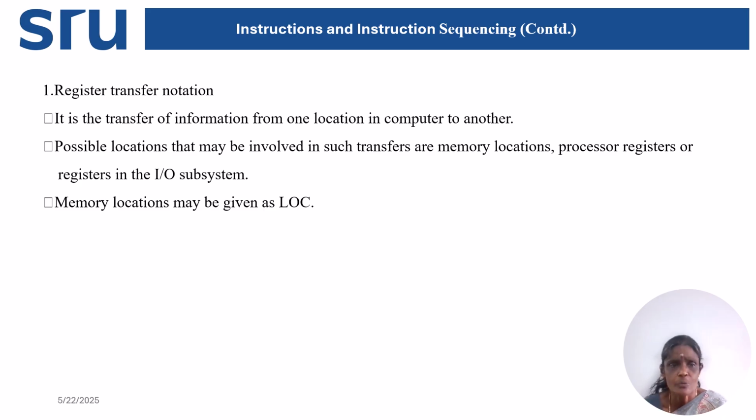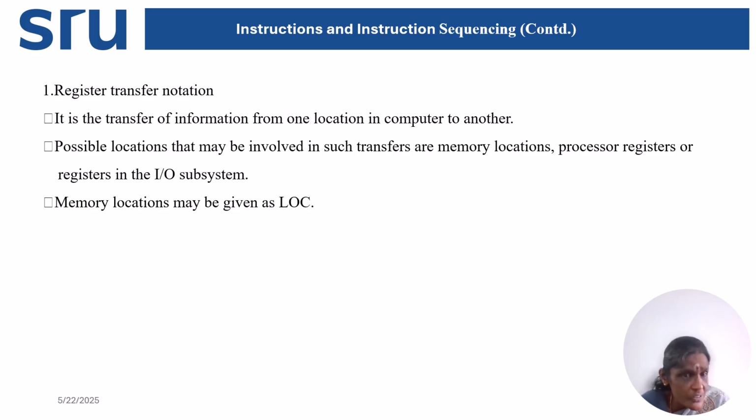And then next one, register transfer notation. As mentioned in the program, it is the transfer of information from one location in the computer to another location. Possible locations that may be involved in such transfers are memory locations, processor registers, or registers in the IO subsystem.